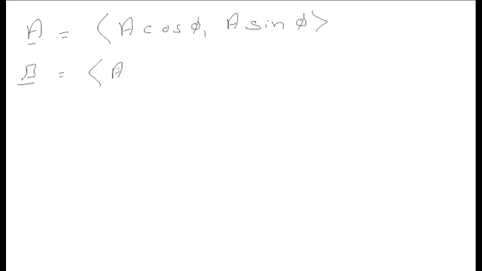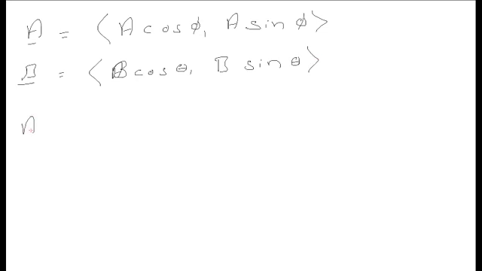To do that, the Cartesian form is as follows. A is the magnitude of A cos phi, and the magnitude of A sine phi. B is the magnitude of B cos theta, and the magnitude of B sine theta.